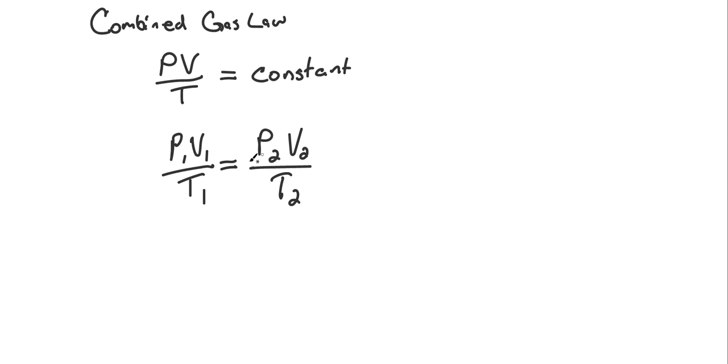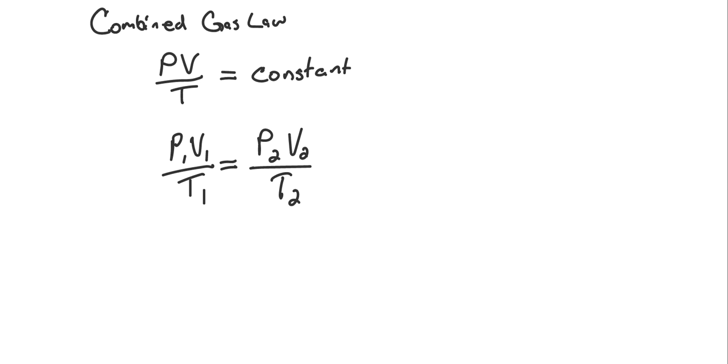And you'll see, like Boyle, he held temperature constant. Well, we can take temperature out of the equation, and we get P1 V1 equals P2 V2. If we are like Charles's law, and he held volume constant, we can take out the V's and say P1 over T1 equals P2 over T2.